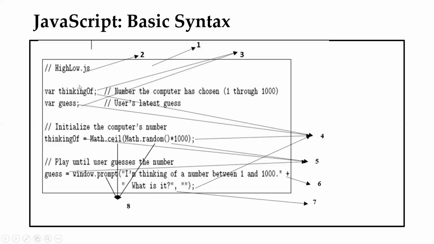Directly you can assign the variables, so initialization, then calling the predefined methods, assignment operator. So these are all predefined methods; random is a mathematical function. We can call the predefined methods also.